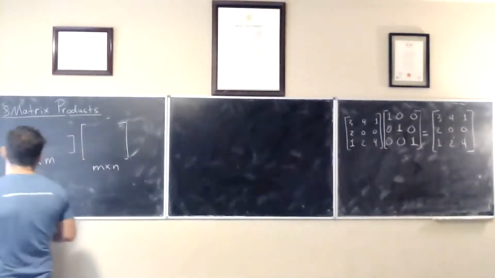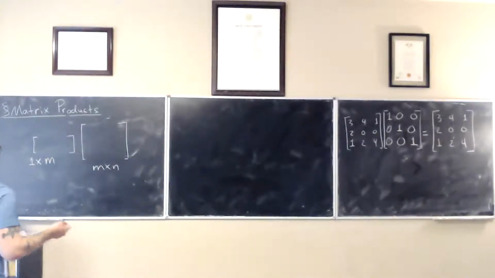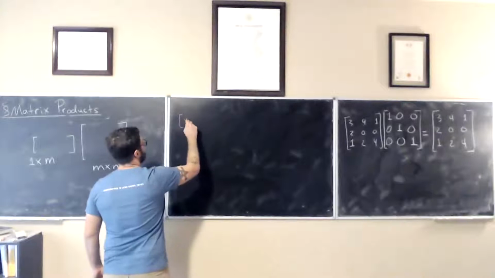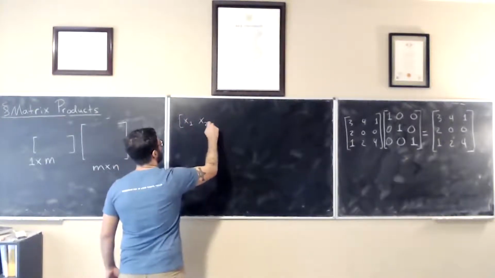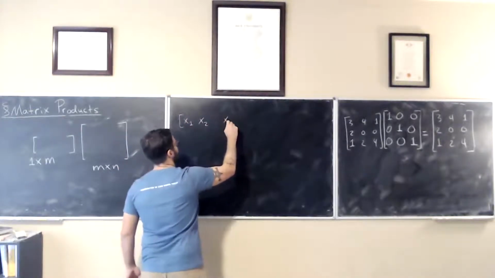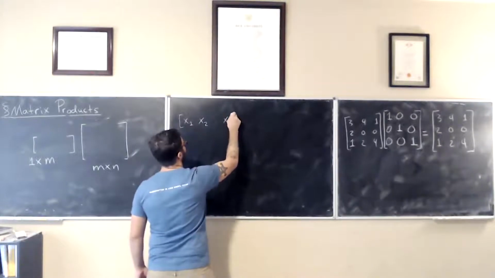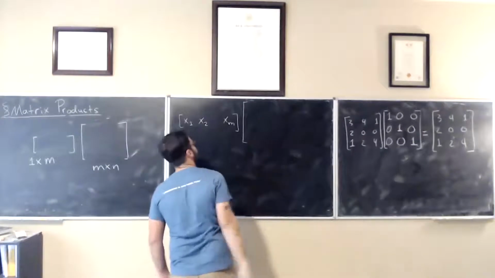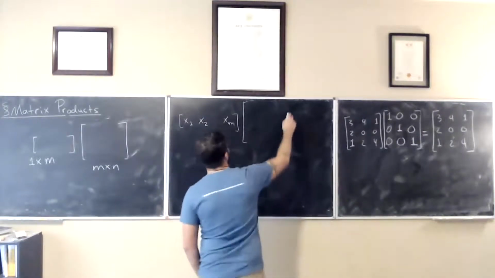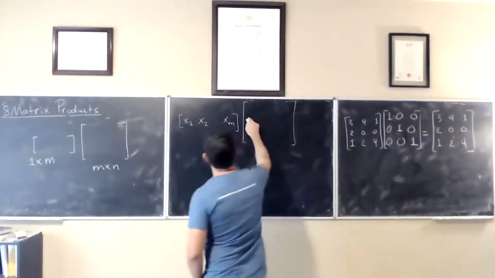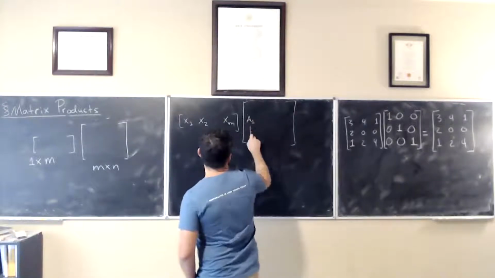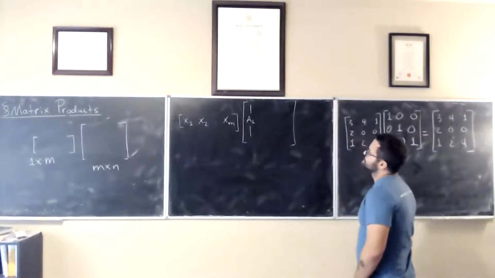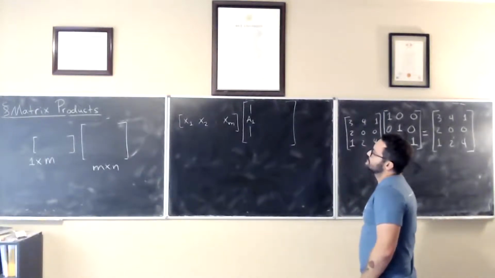So, okay, what is this going to look like? If we have x1, x2, dot, dot, dot, xm, and we have a matrix now. We might have to change this picture, but let's just suppose this is going on. What is this row going to do?